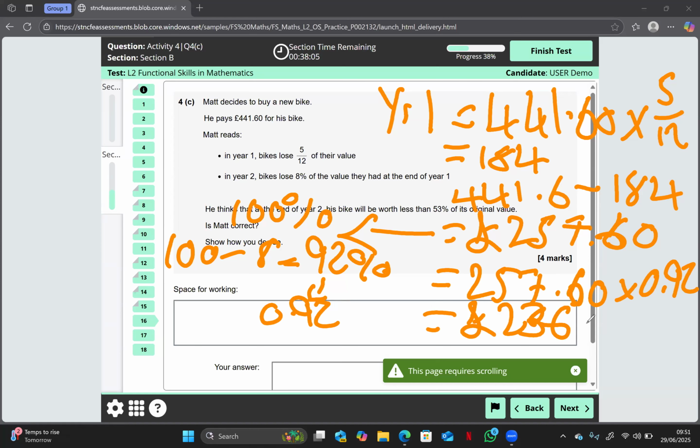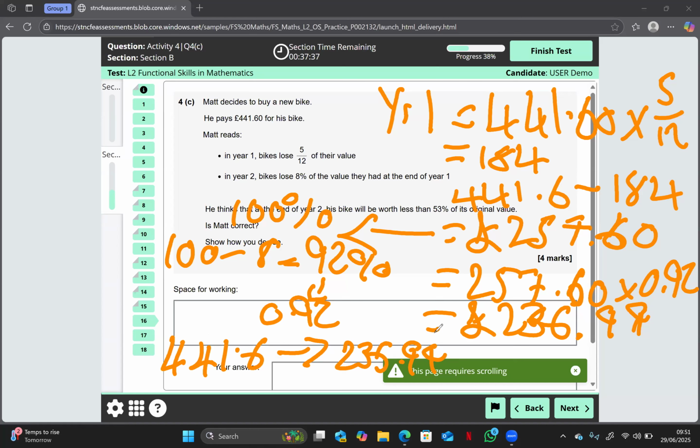That is £236.99, that is its price. Now we want to work out, from £441.60 to £236.99, what is the percentage decrease there?